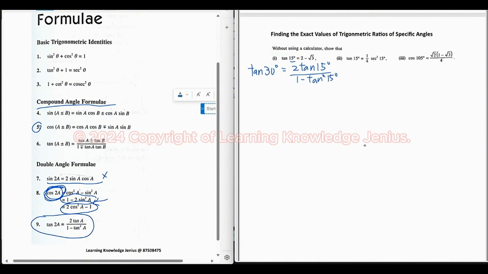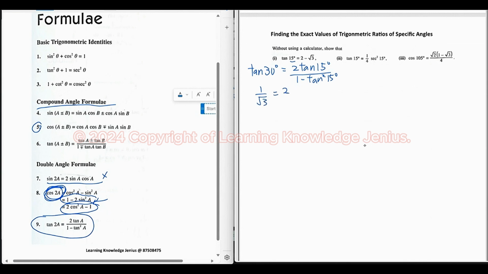If you want to make it easier, for tangent 30, you have to get the special angle, the exact form as well. Tangent 30 is one over square root 3.